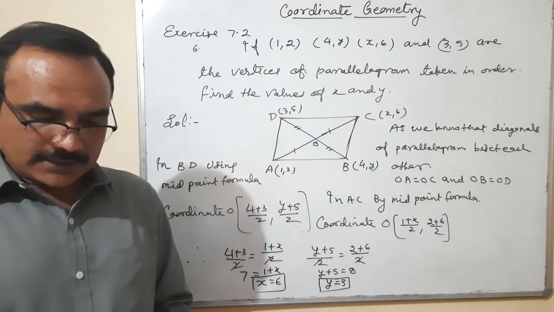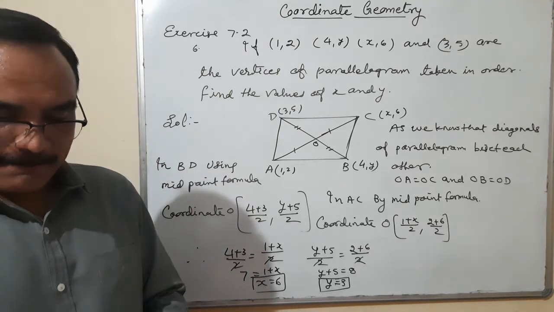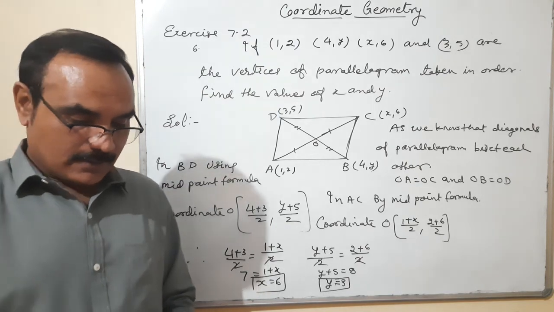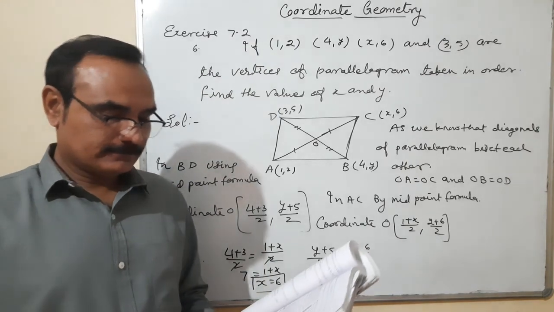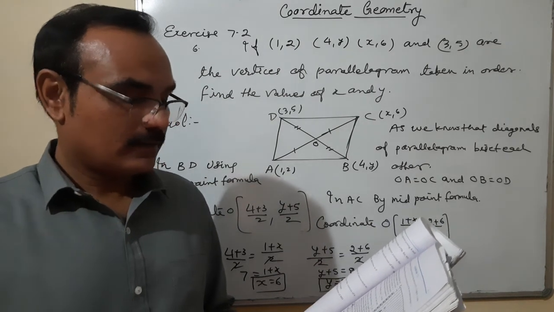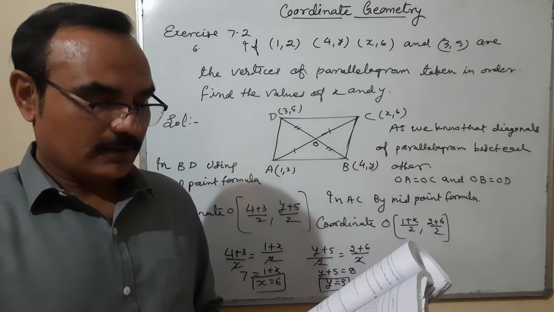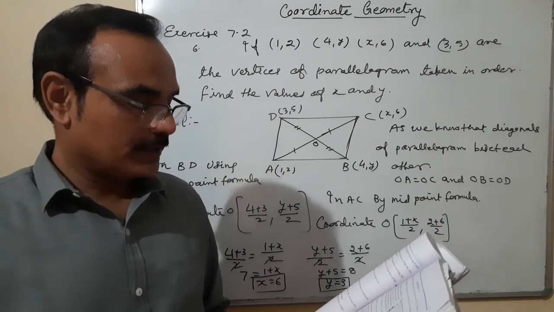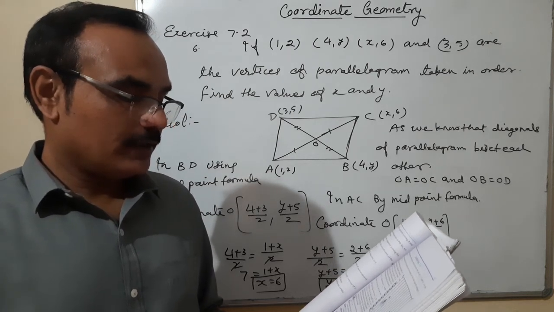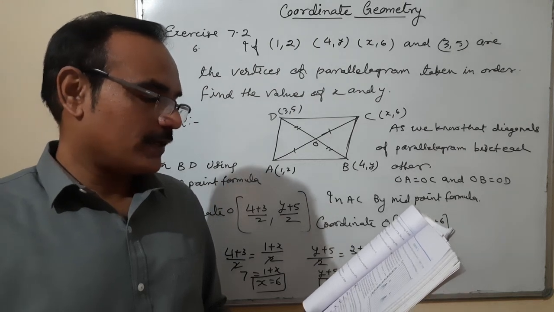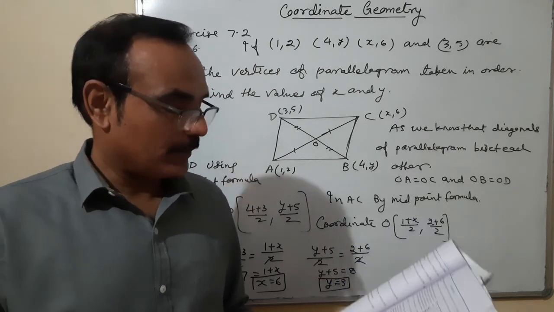Another question from this exercise. This is question number 8: A and B respectively, find the coordinates of P such that AP is equal to 3 upon 7 AB, where P lies on the line segment.